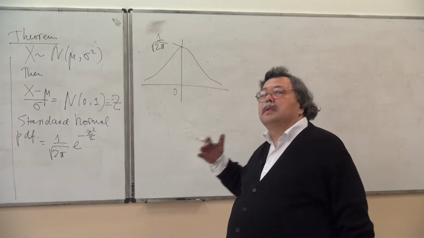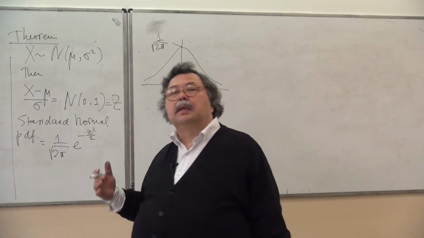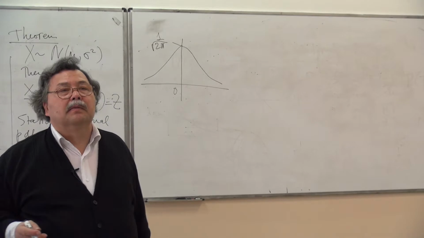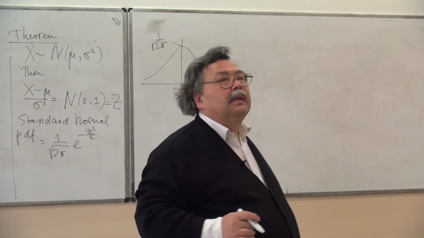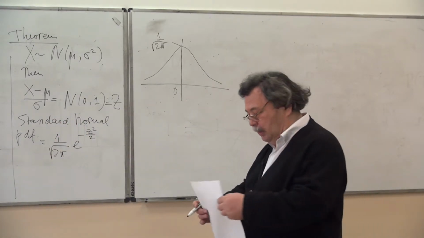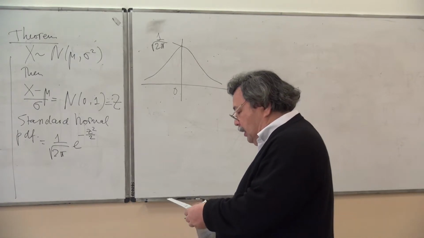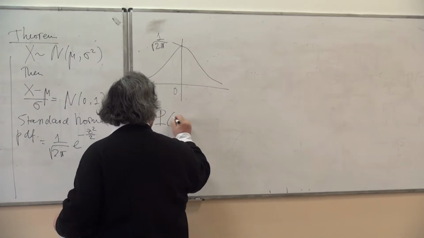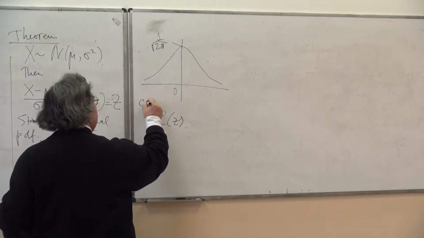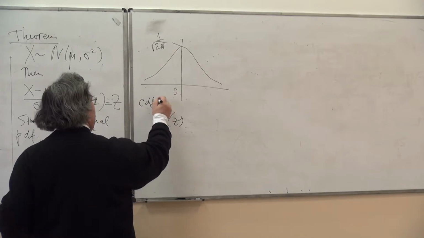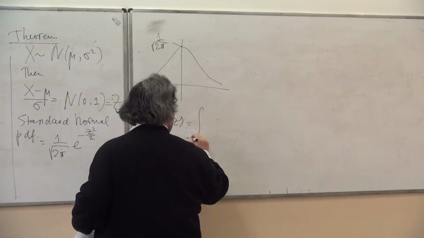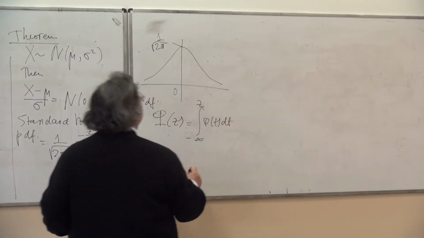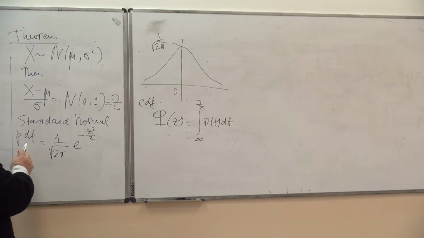Now, what is the special importance of this normal random variable among the infinitely many normal random variables? Well, the cumulative distribution function. So little phi is defined.